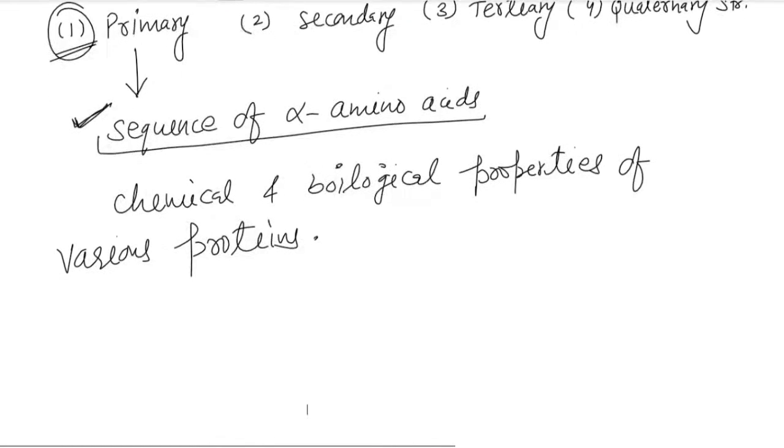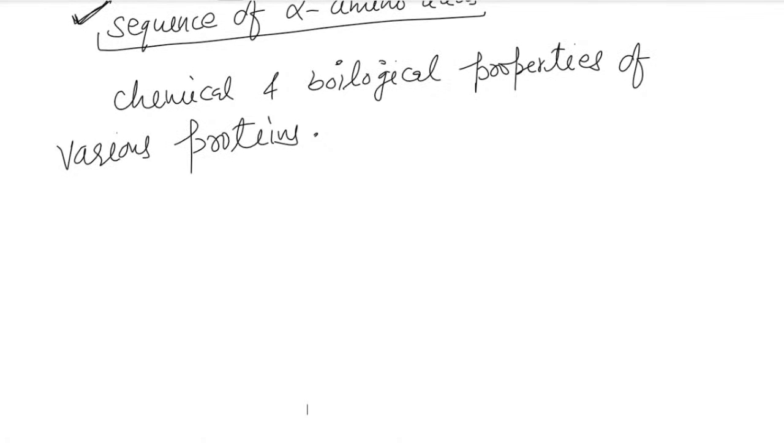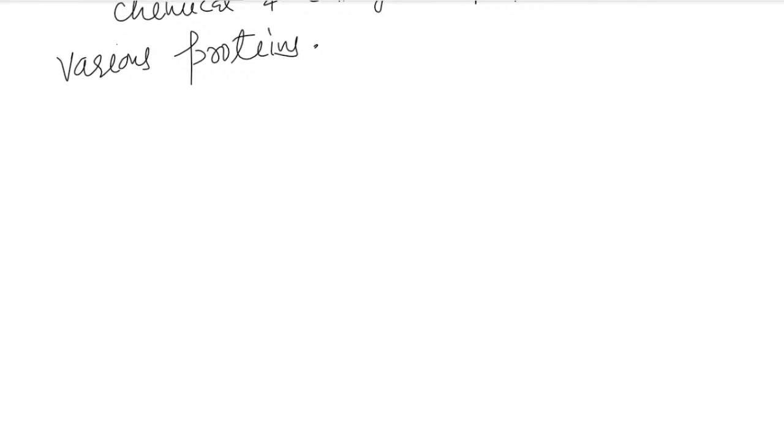Done? So this is the first part. Keep in mind, primary structure tells us about the sequence, and that sequence will decide the biological properties.